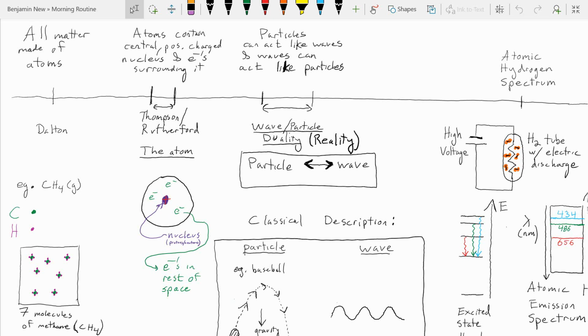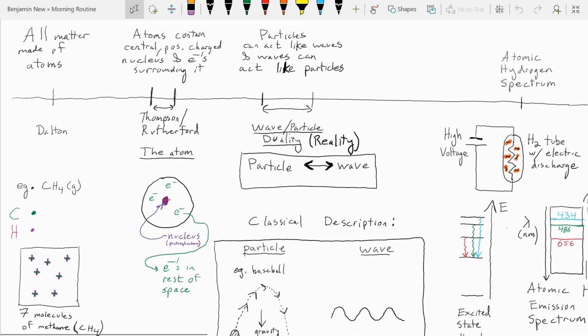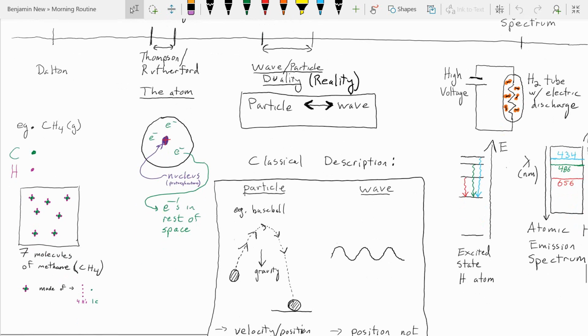The first two were discovered by Thomson and then shortly thereafter by Rutherford, which is that atoms contain a central positively charged nucleus, and the electrons surrounding it. Thomson was the one who discovered the electron, and Rutherford discovered not just that there need to be positive charges or protons in the atom, but that they're in a centralized location in the center of the atom.